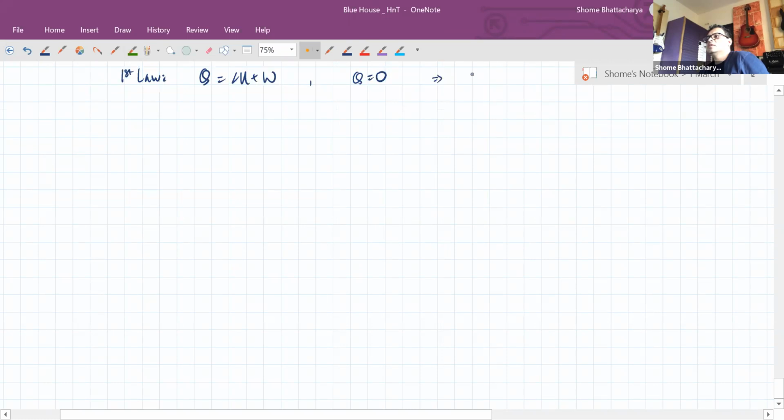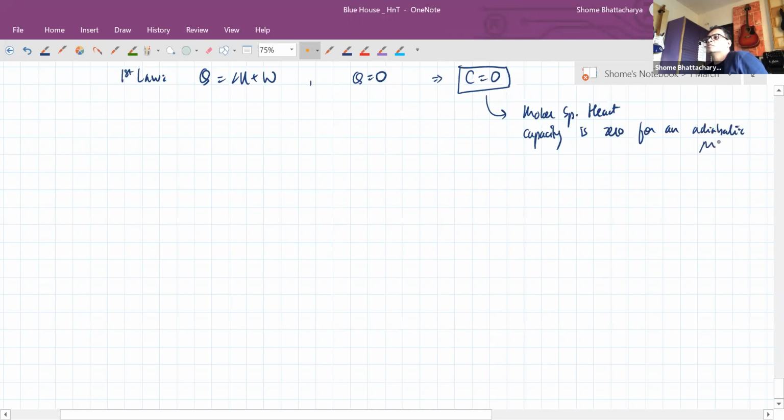That also means that the molar specific heat capacity is 0 for an adiabatic process, because remember C is equal to Q upon n delta T. Now there is no heat exchange, Q is 0. So that means the molar specific heat capacity is 0.